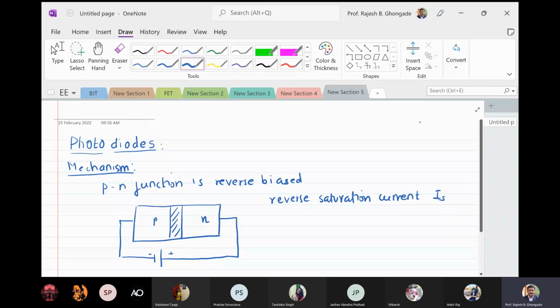So for a conventional diode, you have a small current which flows like this. Okay, so this is V, this is I, and this current actually increases with increase in temperature. You all know that, all right?